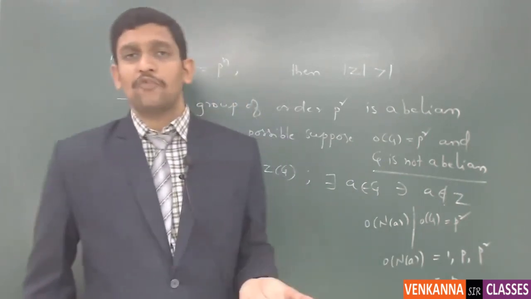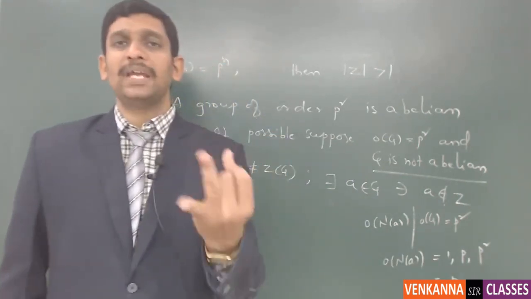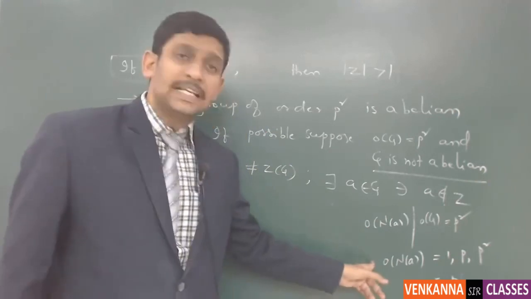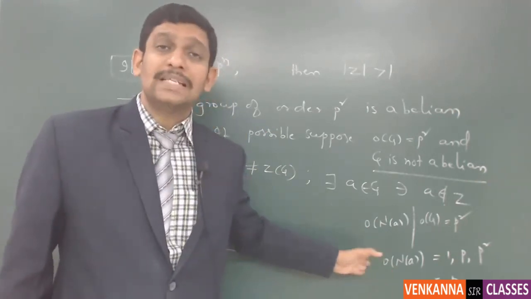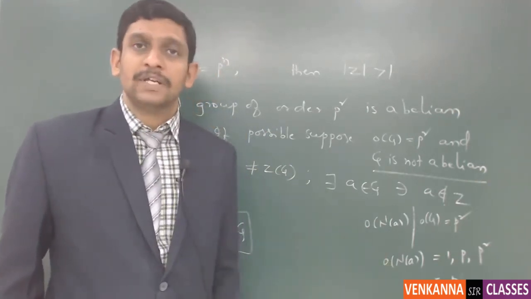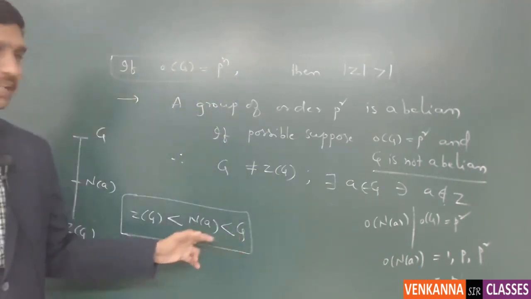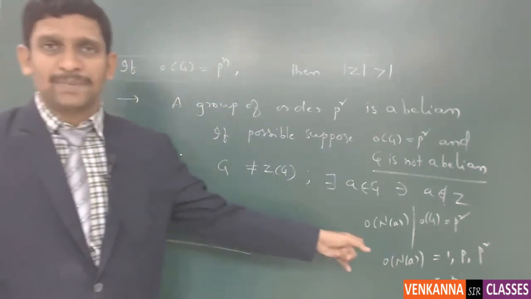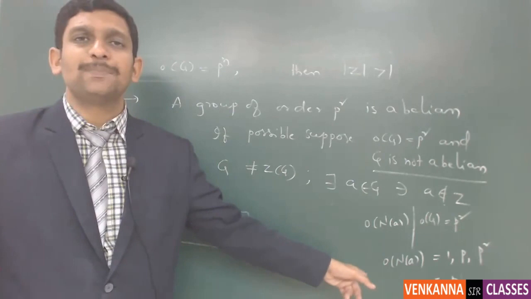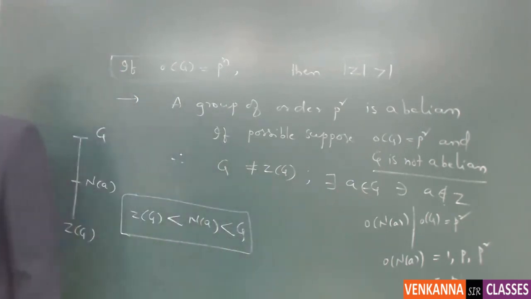The divisors of P square are nothing but 1, P, P square. Since it is a proper subgroup, its order cannot be 1. Since it is smaller than G, its order cannot be P square. The only possibility is P for it. Okay?